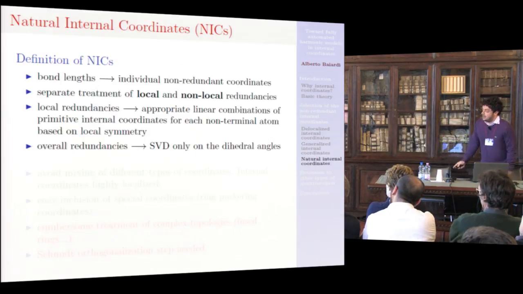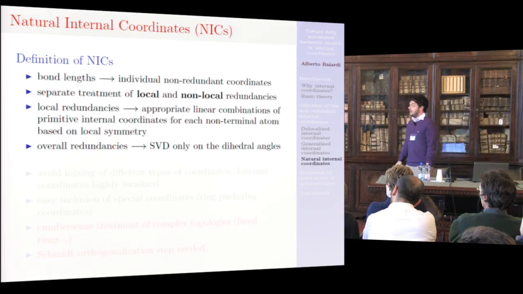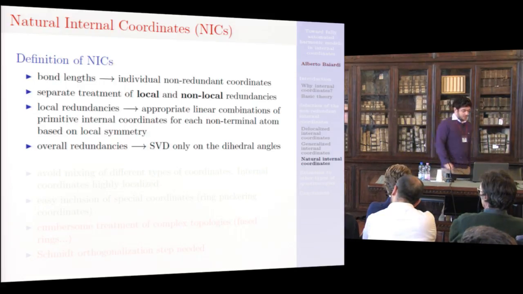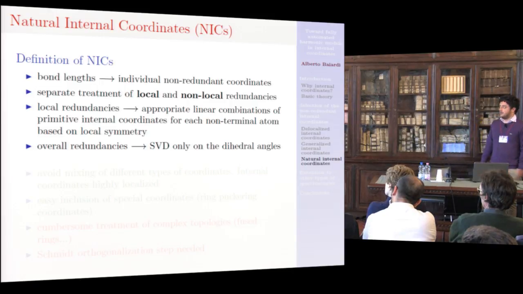So a more refined procedure is the so-called natural internal coordinates, which were proposed more or less 30 years ago by Pulay. And the idea is quite simple. We take all the bond lengths as individual internal coordinates. We reduce local symmetry by taking the appropriate linear combination of valence angles for each non-terminal atom.